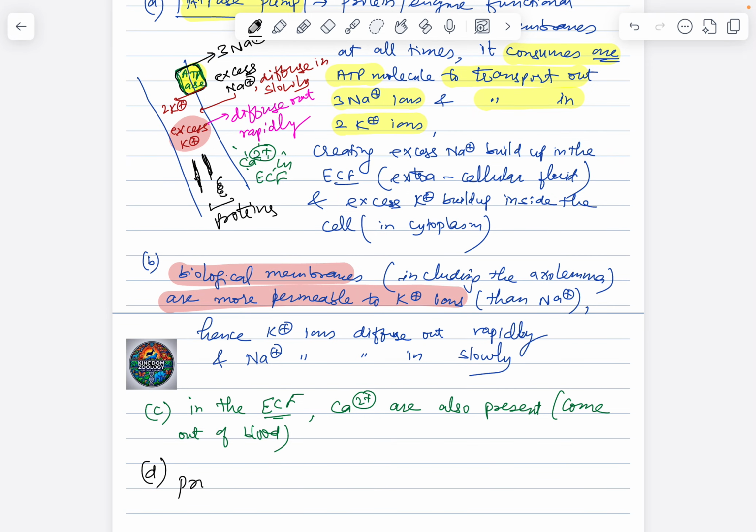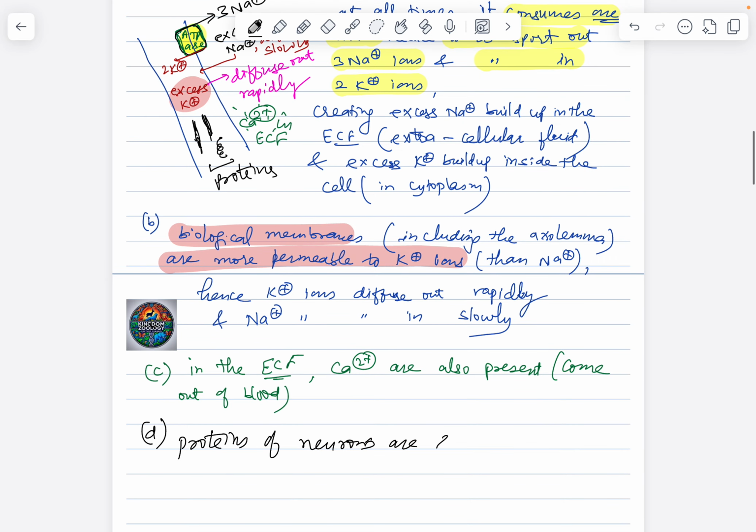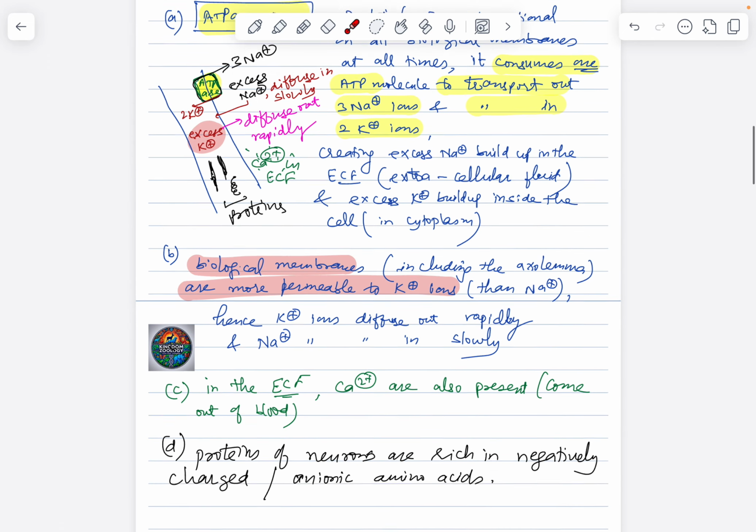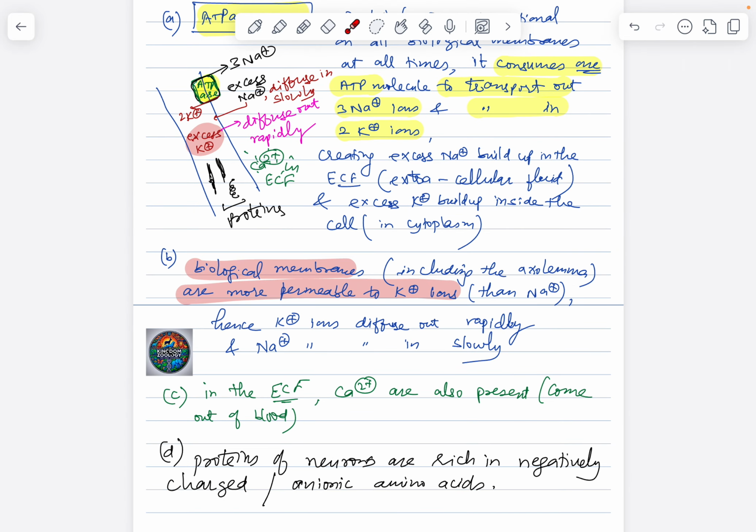So the proteins of neurons are rich in negatively charged or anionic amino acids. So what would be the overall charge on the proteins? Negative.